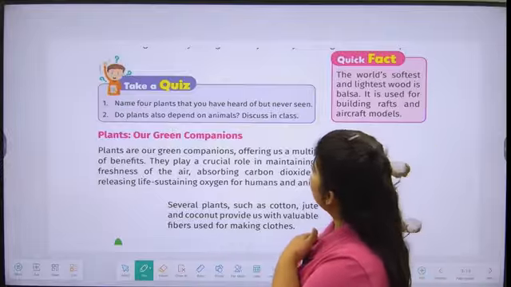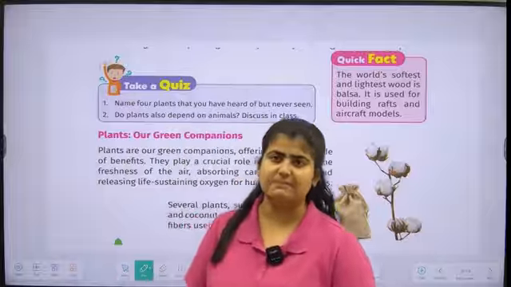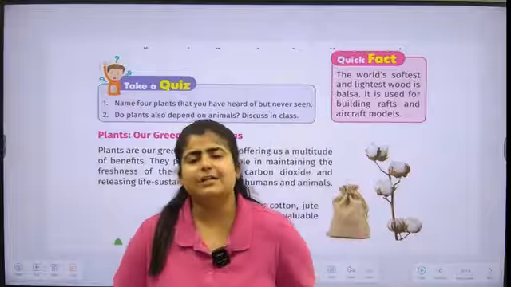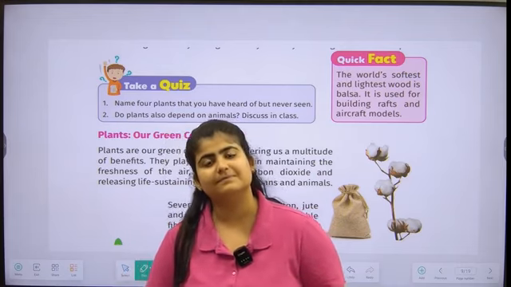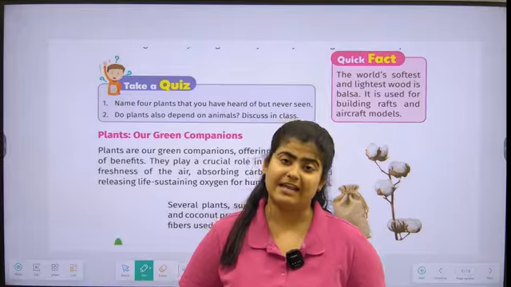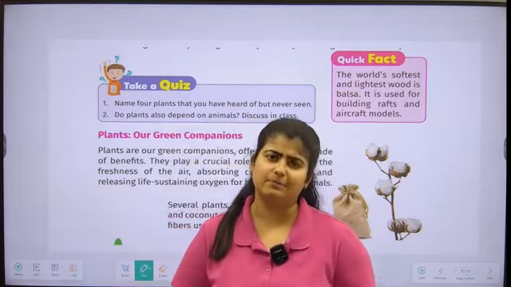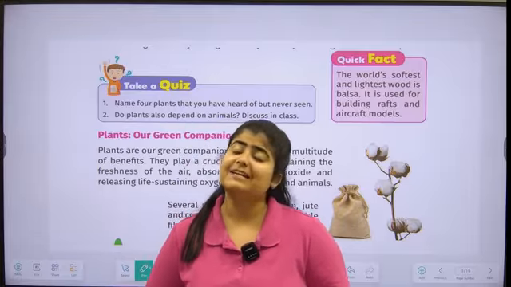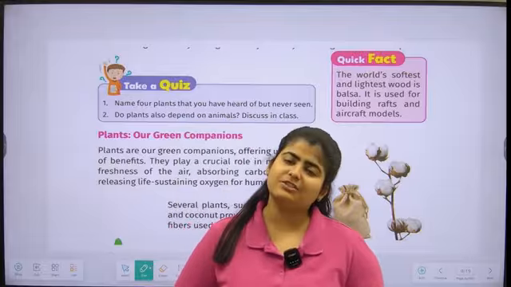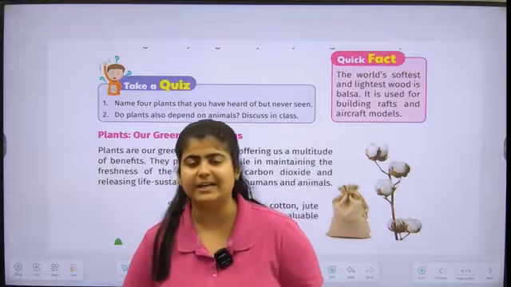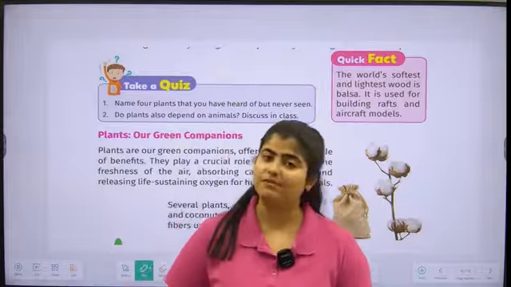Do plants also depend on animals? Discuss in class. Now, I have done so much discussion, so you tell me, do plants depend on animals? They legit do. But why? What do they need from animals? Animals eat plants themselves. They need carbon dioxide from animals. Very nice. Because we exhale carbon dioxide and plants need carbon dioxide to make their own food.